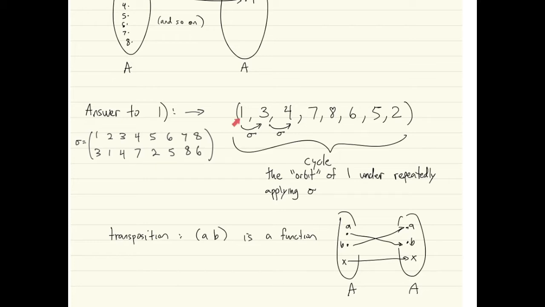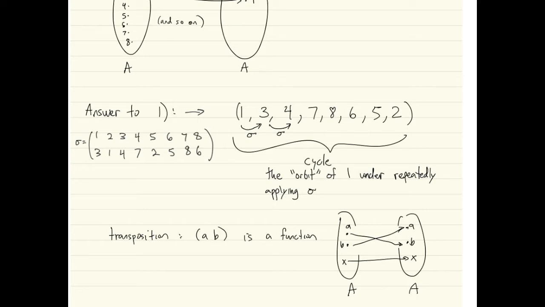Now you might ask, how do I know to start with number 1? Just start with any number; 1 is a good choice. And when you close your cycle, then start a new cycle with a number that hasn't appeared. But because all the numbers have appeared, we don't start a new cycle in this particular example.